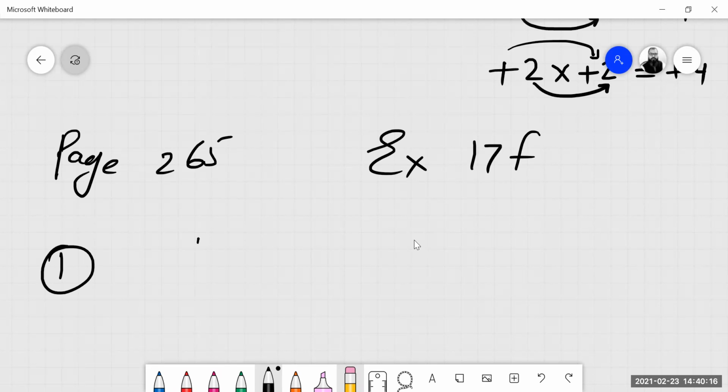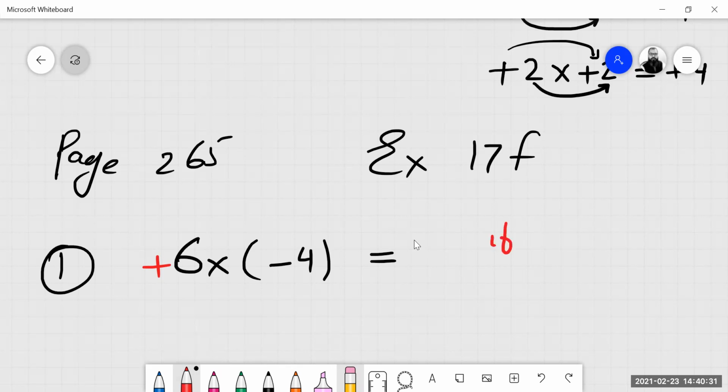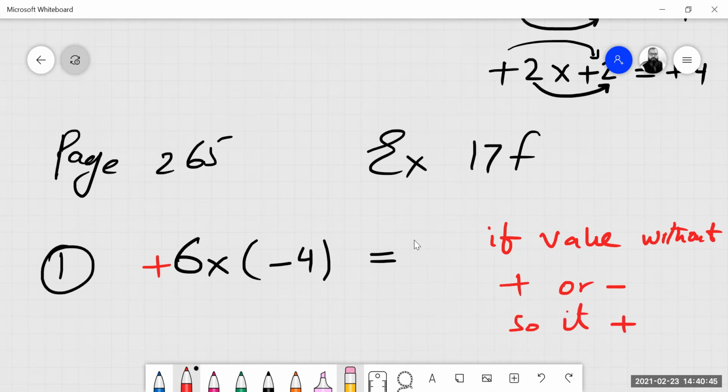Question number 1 is 6 multiply minus 4. Okay, what will be the answer? Here, if there is no sign, it means plus. If a value has no plus or minus, it means the value is a positive value.